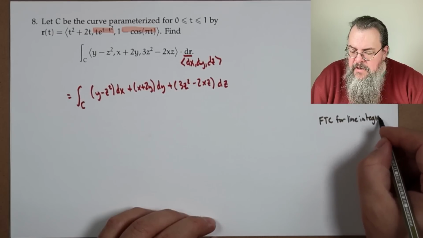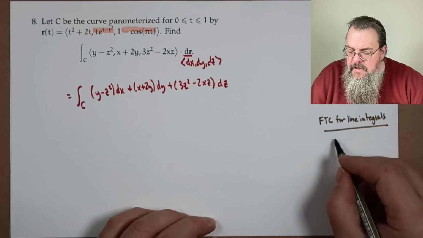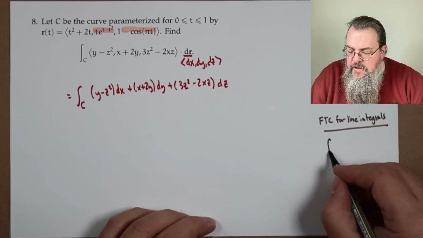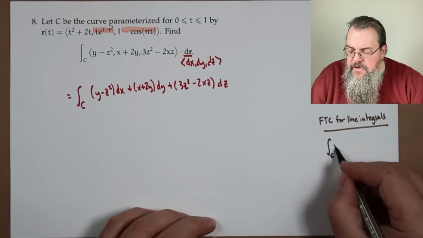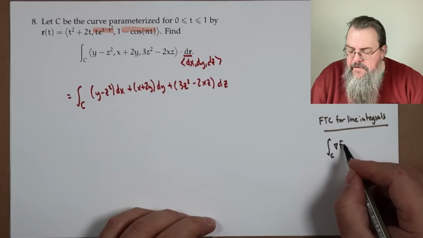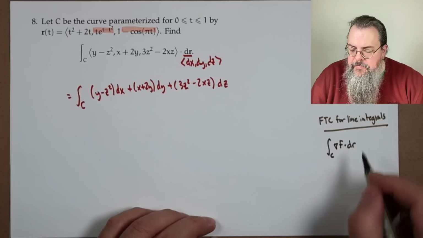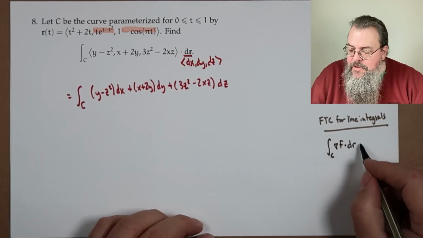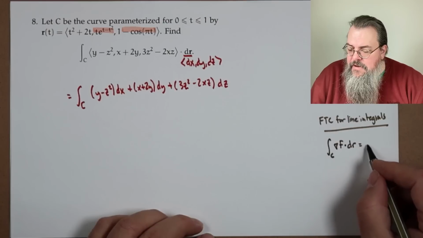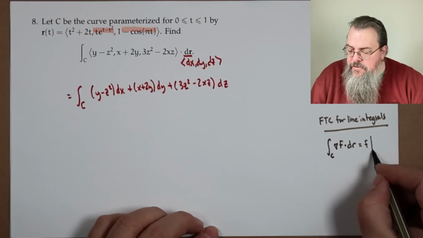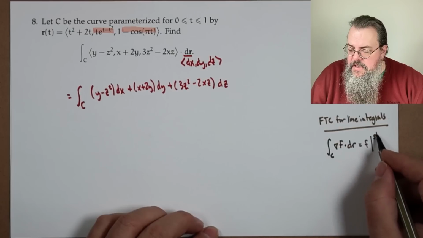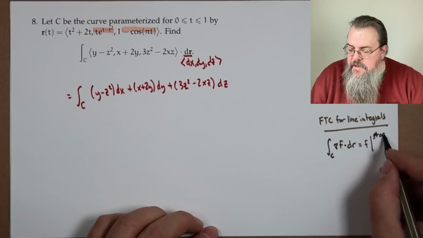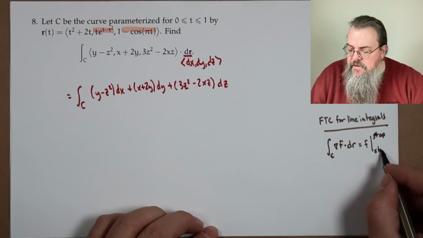And we get the following, namely that the integral along the curve of the gradient of f dot dr, just using their notation, I'll borrow their notation, well, that's equal to the function evaluated. You plug in the stop and subtract, plug in the start.